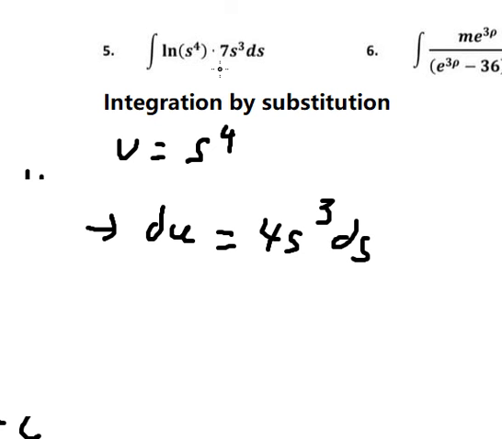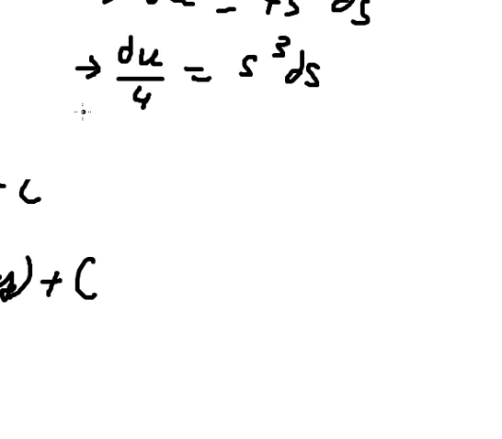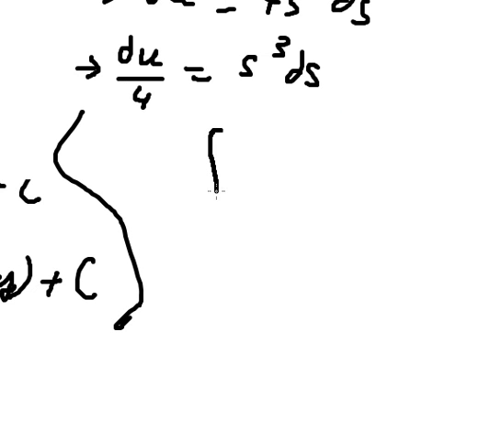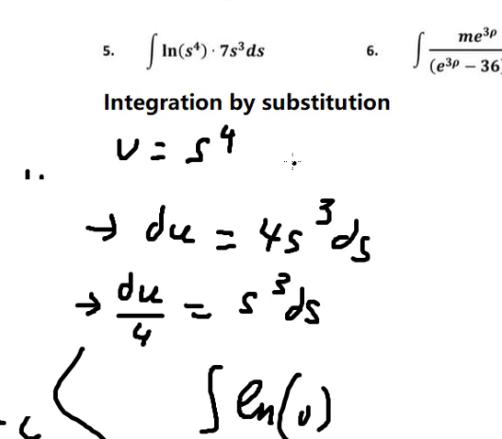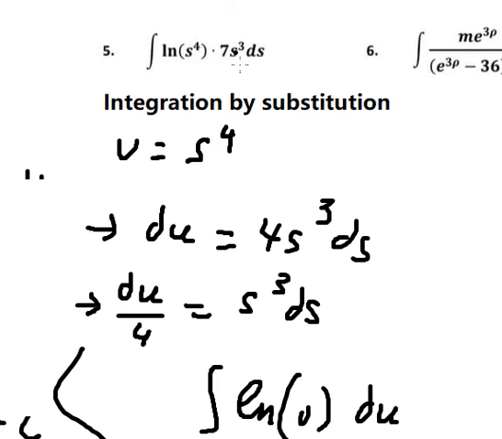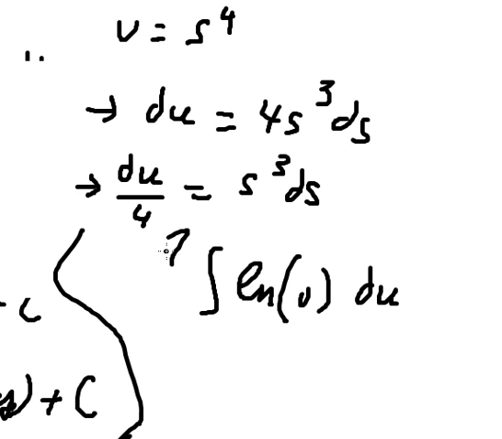Because we don't have number 4, we need to divide both sides by number 4. So h to the power of 4 we change by u. h to the power of 3 dh we change by du over number 4. So we have 7 and number 4 we put in here.